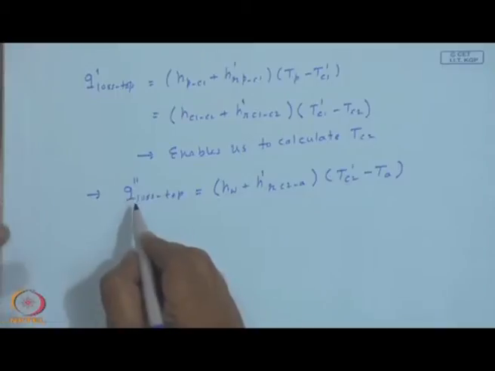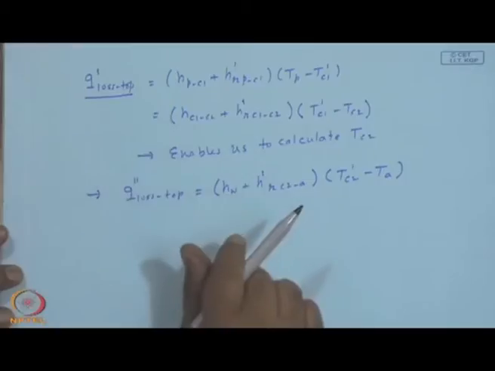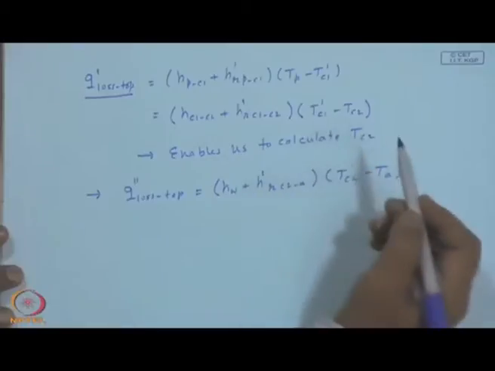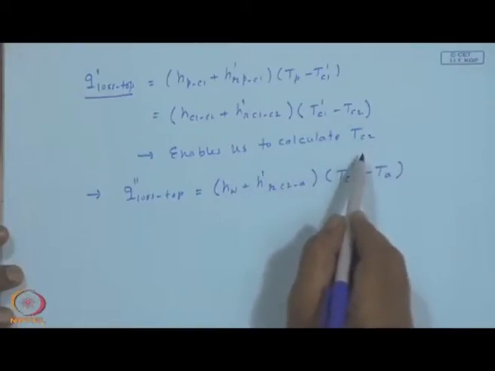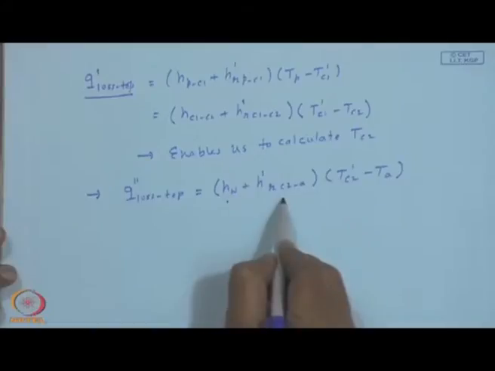So, now what is the difference between these two? This is the loss taking place from the plate to the cover 1, and that should be the same as cover 1 to cover 2, which enabled us to calculate T c 2, and from the T c 2 my guessing is over, and I should be able to calculate what will be the top loss from the outer cover to the ambient by convection and by radiation.